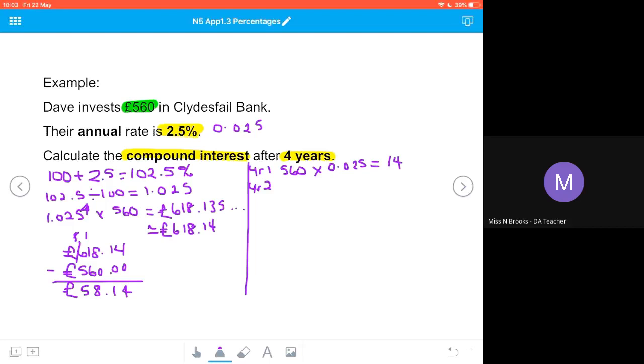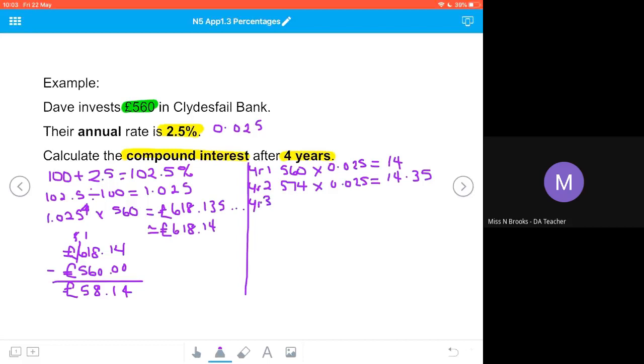So we're going to start off with £574 and we're going to multiply that by 0.025, and that gives us compound interest in year 2 of £14.35. Again, we need to add that £14.35 onto the £574 before we can see what the compound interest in year 3 is.